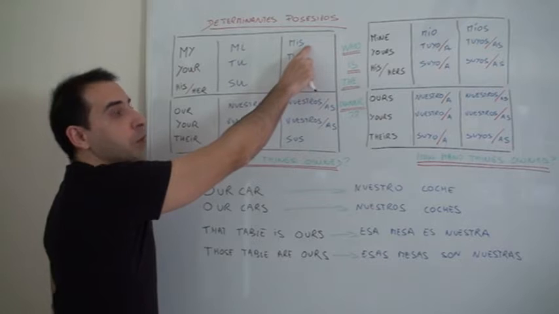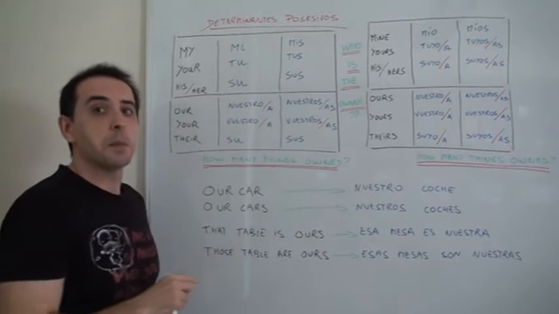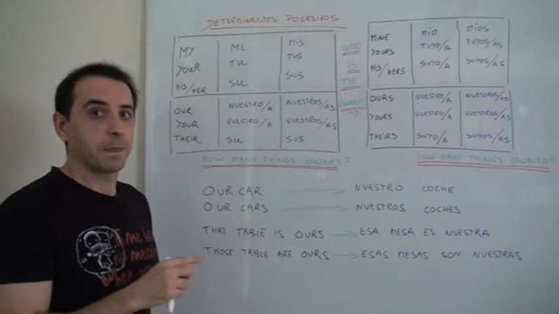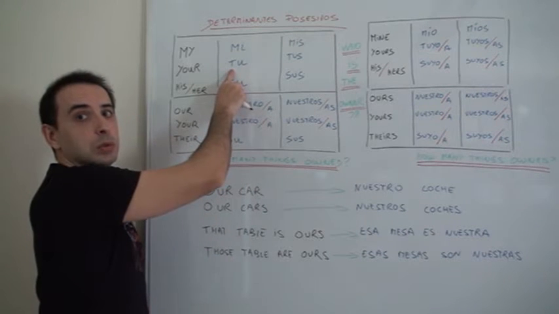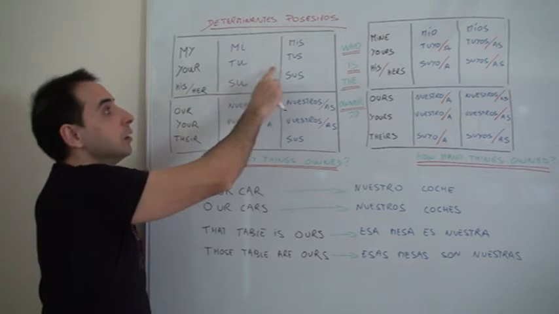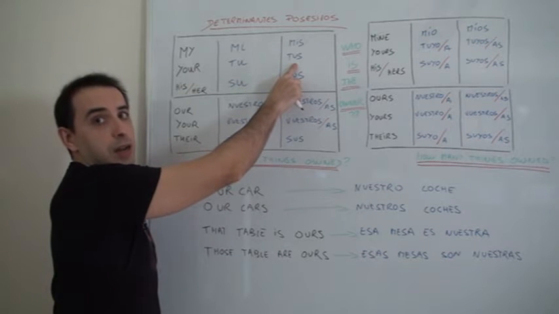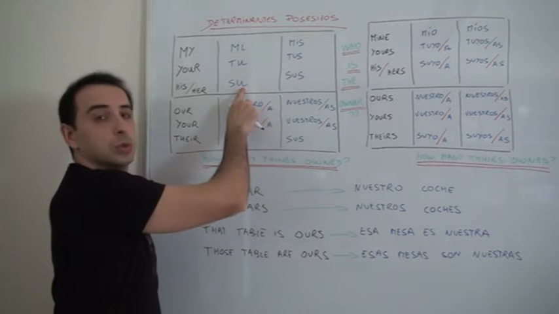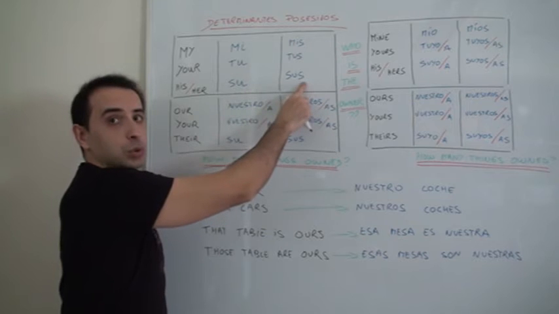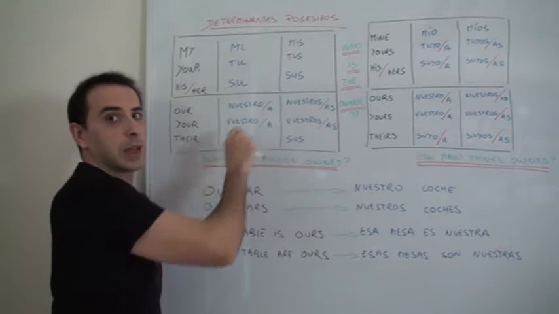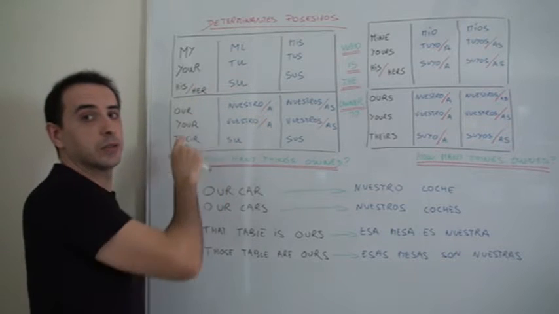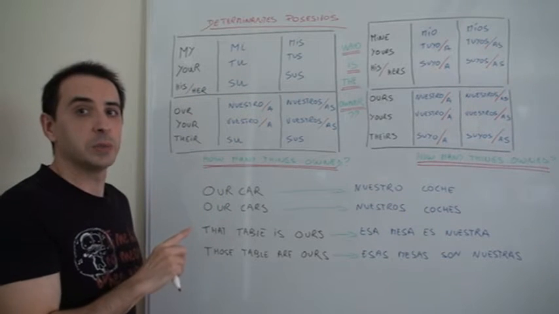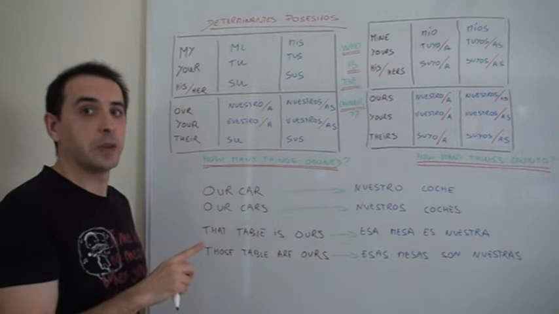But if you have more than one, it's going to be mis. Again, for the second person, tu, your car, tus, your cars, su, sus. Okay? In English you have to make the difference between male and female.